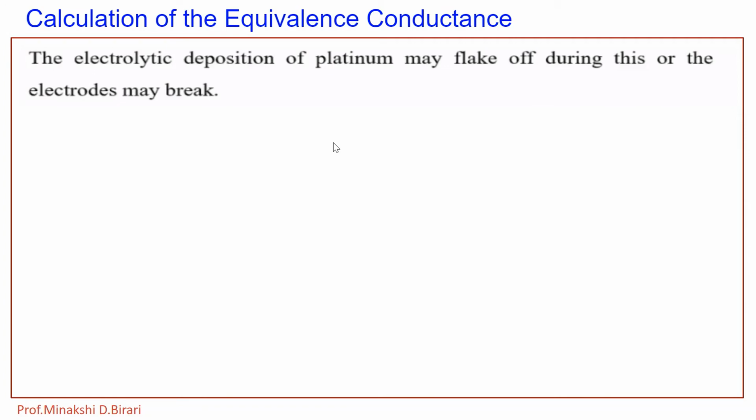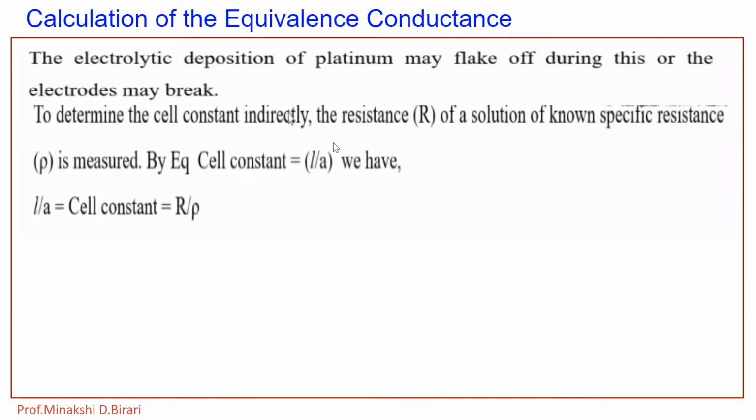So to determine the cell constant indirectly, the resistance R of a solution of known specific resistance rho is measured. By the equation, L upon A is equal to cell constant, which is equal to R upon rho, R divided by rho.